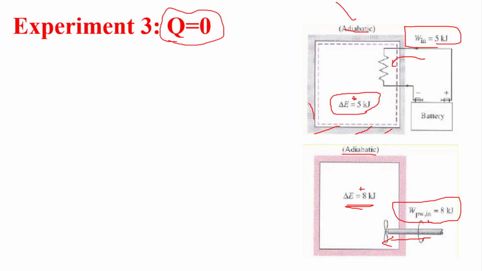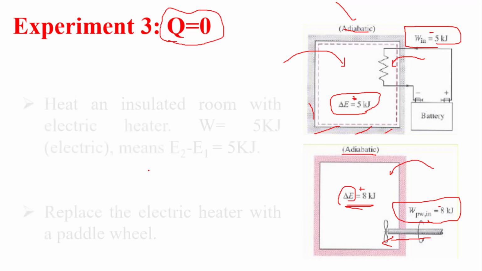Now someone of you will come and ask me: if we have work entering the system, work done on the system, that means we have minus, and here the same, we have minus. So why is it positive? Why is work entering the system positive? Why is it not minus? Because the energy of the system will gain work.